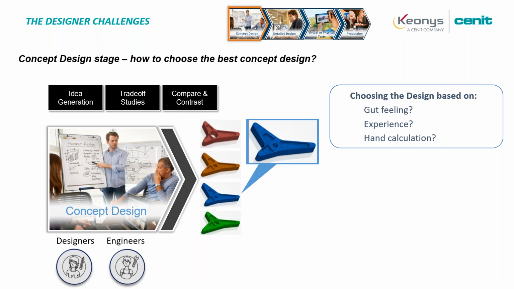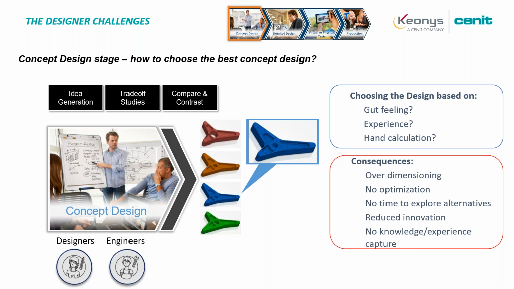But these indicators that are mostly used in the early stage of concept design have some consequences. Generally we make the parts bigger than necessary, stronger than necessary. It's called over-dimensioning, and it's just because it's not optimized.